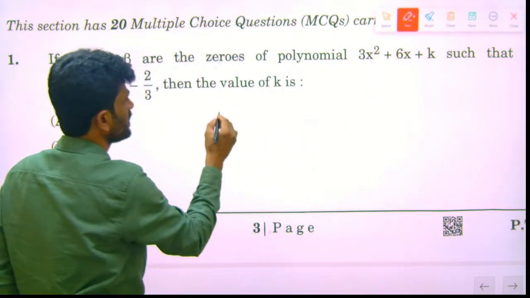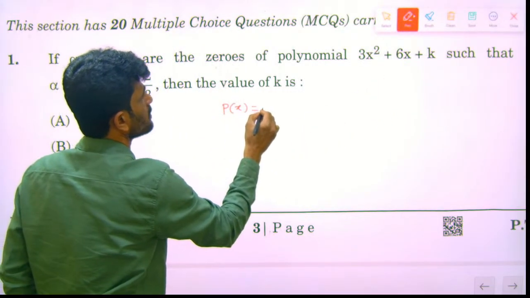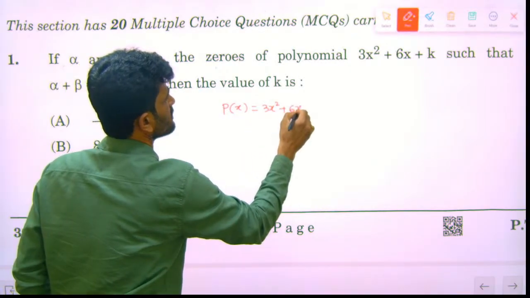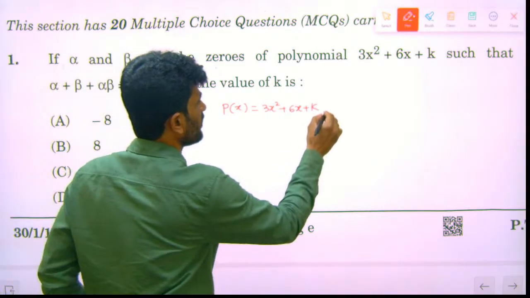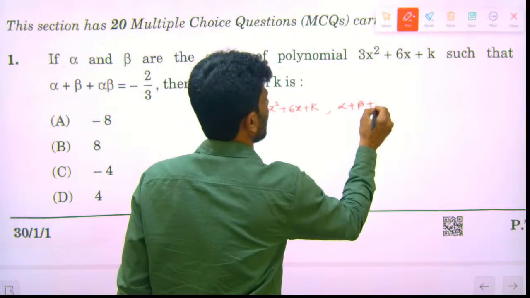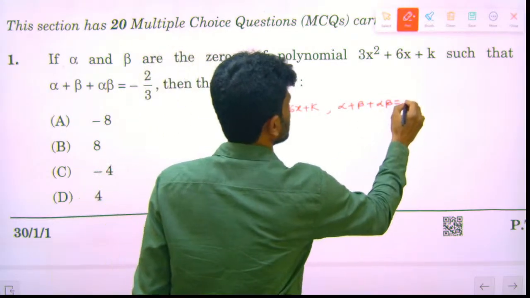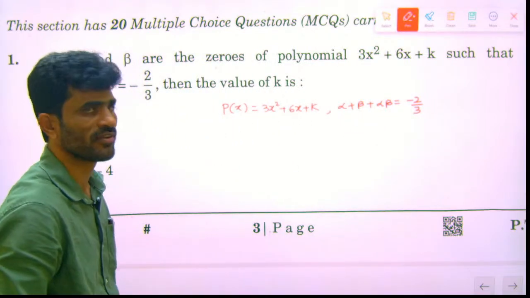So what it is given here, P of x is given as 3x square plus 6x plus k, and it is also given alpha plus beta plus alpha beta is equal to minus 2 by 3. By using this information we have to find the value of k.